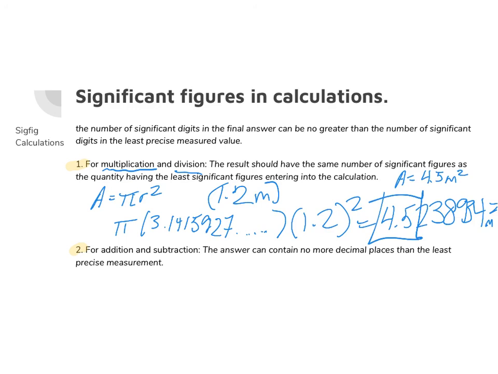Now, let's go to addition. Addition and subtraction, the answer can contain no more decimal places than the least precise measure. So, let's say that we are buying 7.56 kilograms of potatoes in a grocery store as measured with a scale with precision to 0.01 kilogram.